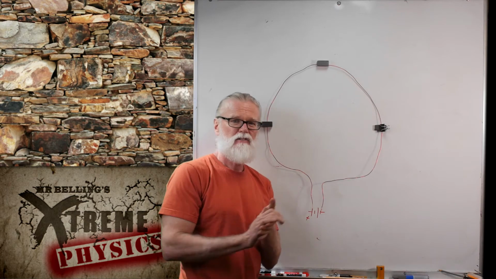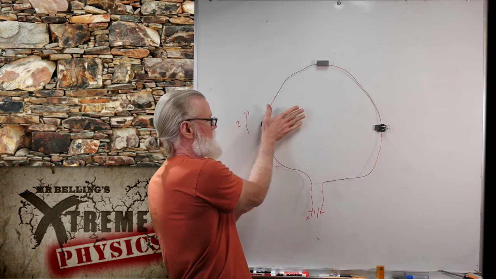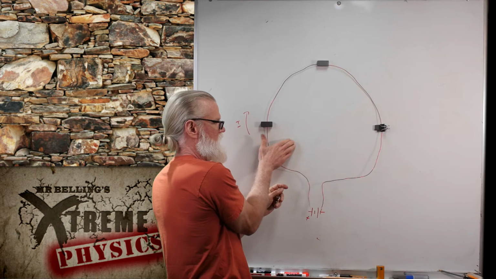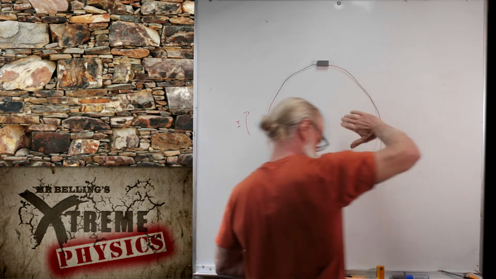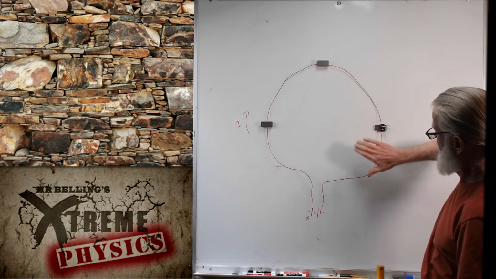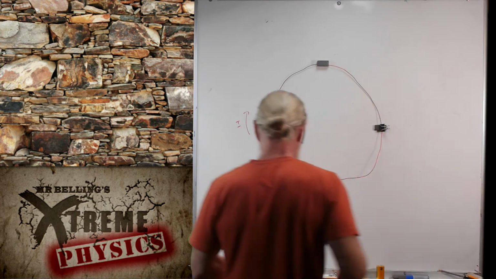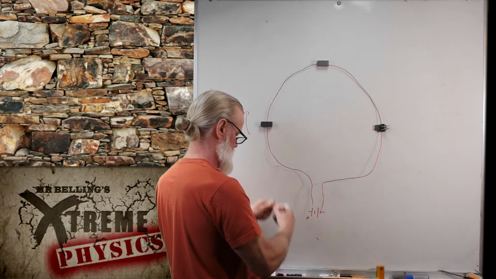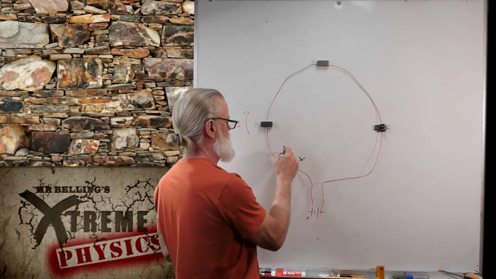All right. So here you go. I'm going to take my right hand. The current's going this way, so my thumb is going to point in that direction. And I see that anywhere I go, and I got to go around this way, it's going to be into the board in the middle, right? It's going to be into the board, so I'm going to put, I guess I'll use black, X, boom, boom.